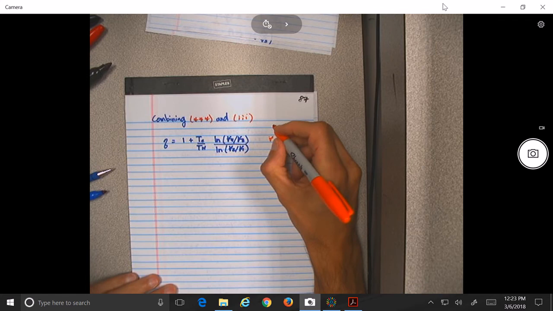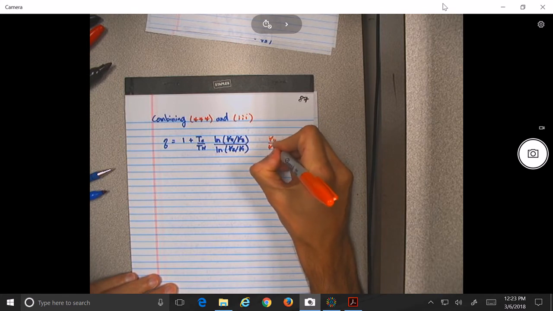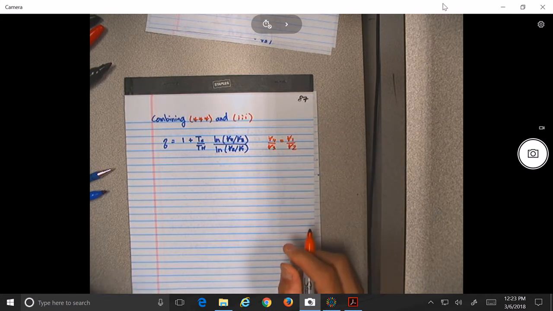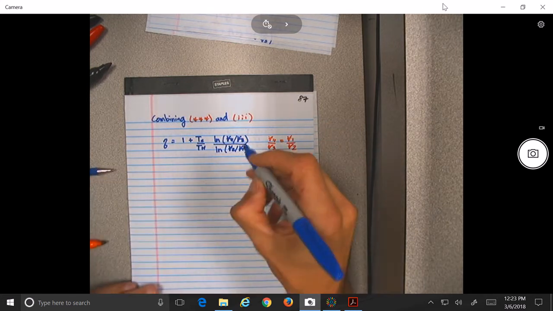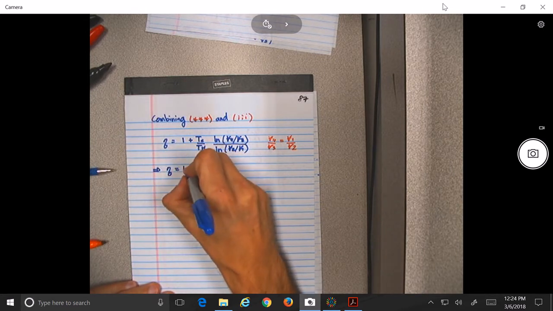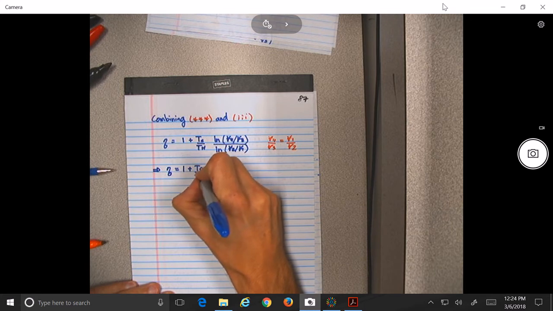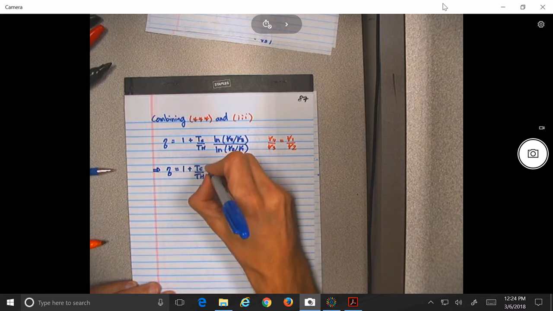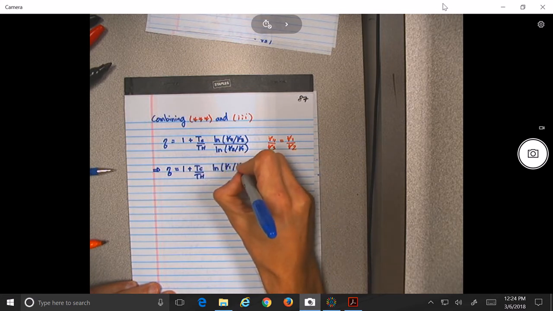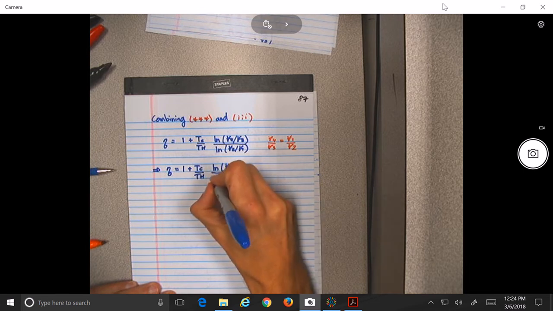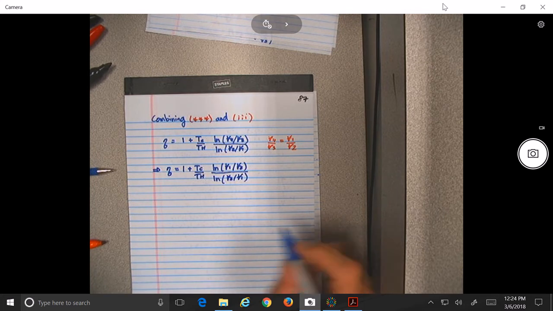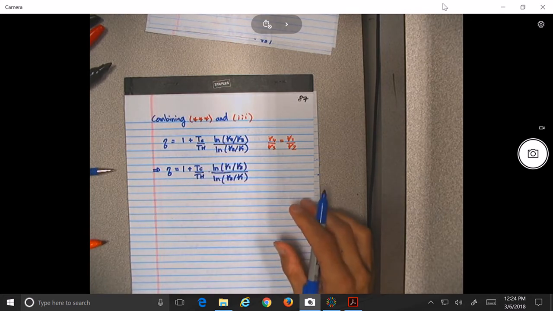V4 over V3 would be equal to V1 over V2, no? So we combine these two relations. What are we going to have? This is equal to 1 plus Tc over T hot log V1 over V2 over log V2 over V1. Two more lines, okay?